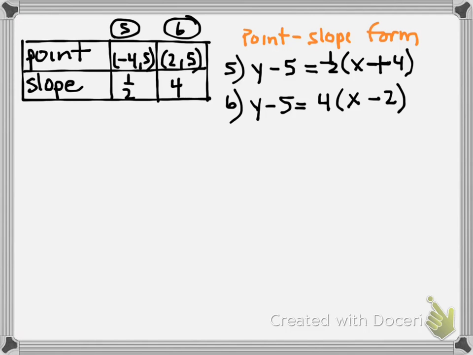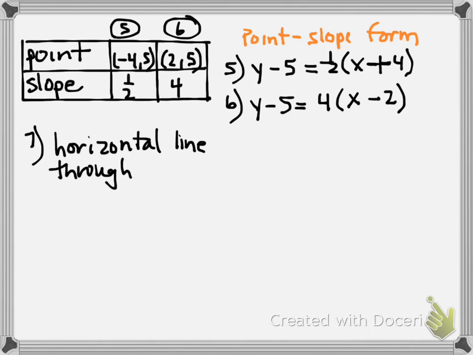Okay, now let's see how well you remember this. This is your last example. This is slightly different. What if I tell you you have a horizontal line through the point negative 4, 7? How would you write the equation to that line?